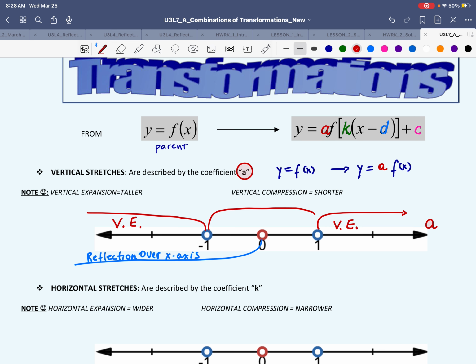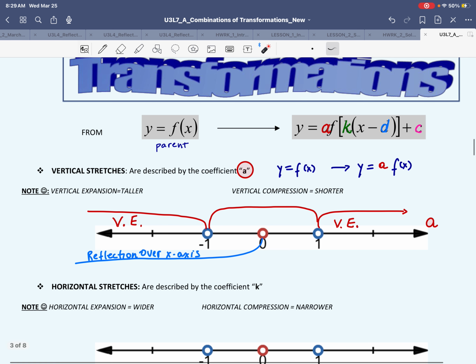Now, when the values of a are between -1 and 1, and remember that we're not including the values of -1 and 1 because there are no stretches, but we're also not including the value of a equals 0, because a equals 0 will change the graph of any parent function to a constant function, and it changes the entire nature of the function itself, so a cannot be equal to 0.